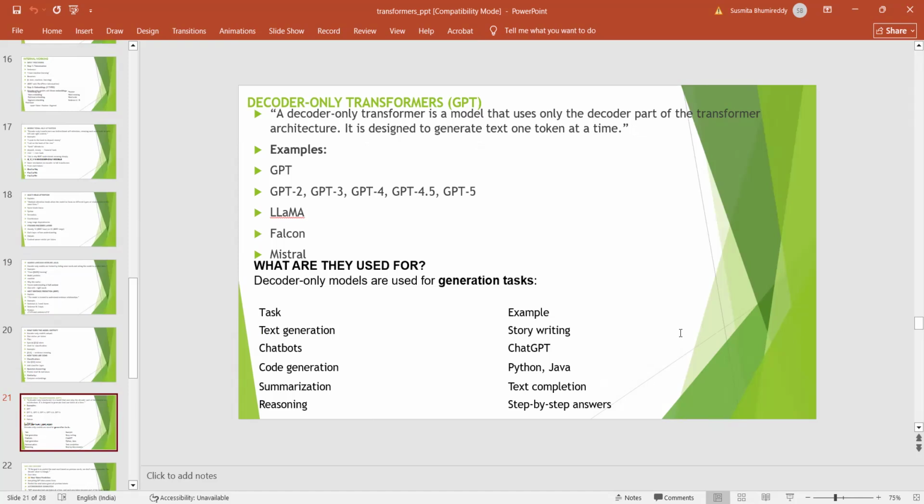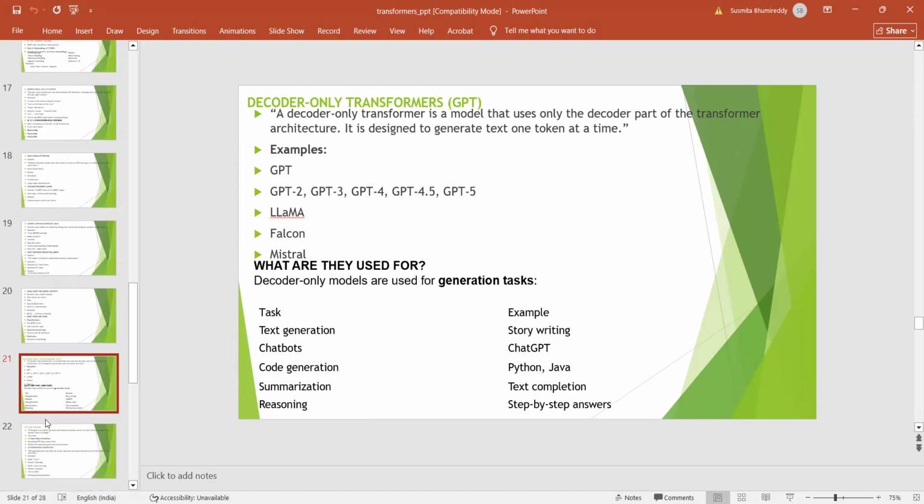It is used for translations, like Telugu to Hindi, English to Hindi, English to Telugu, or any language. These are the examples of decoder-only architecture, used for text generation, chatbots, code generation, summarizing, and reasoning.